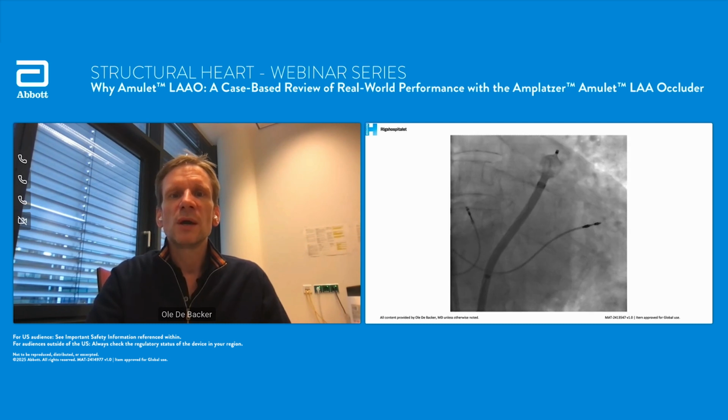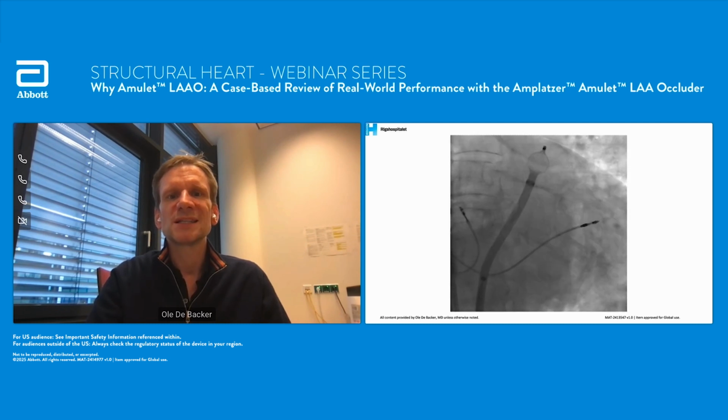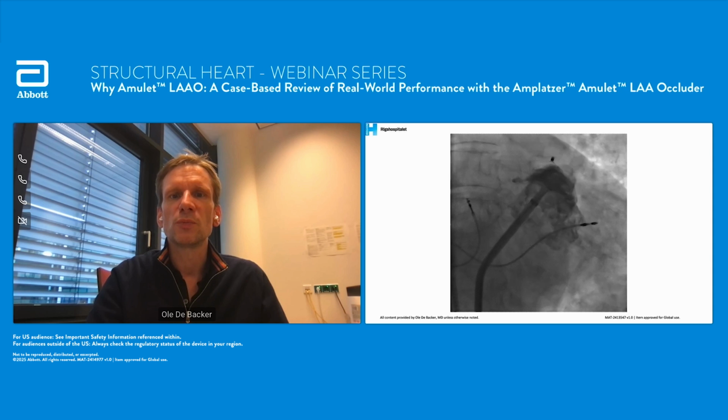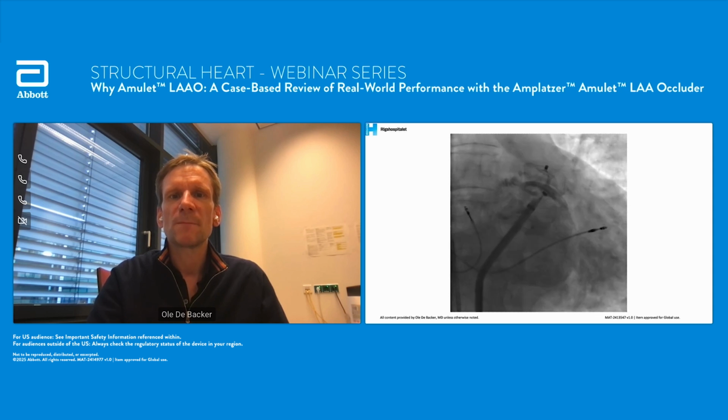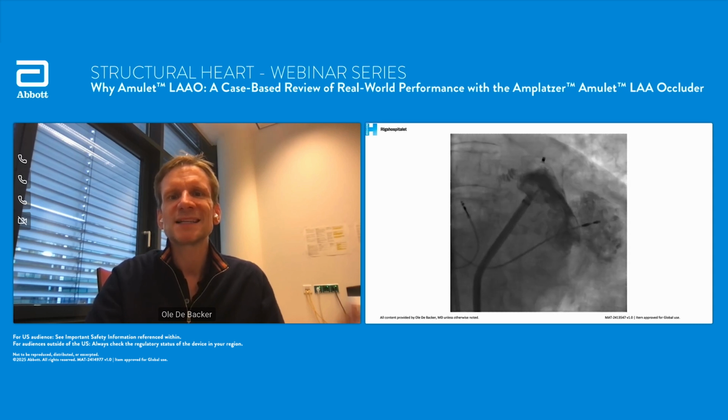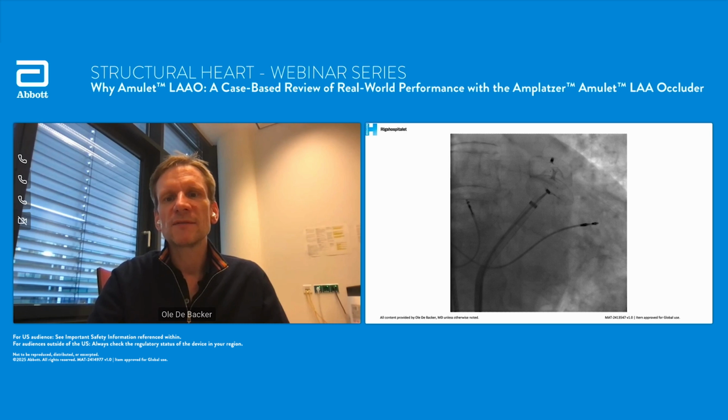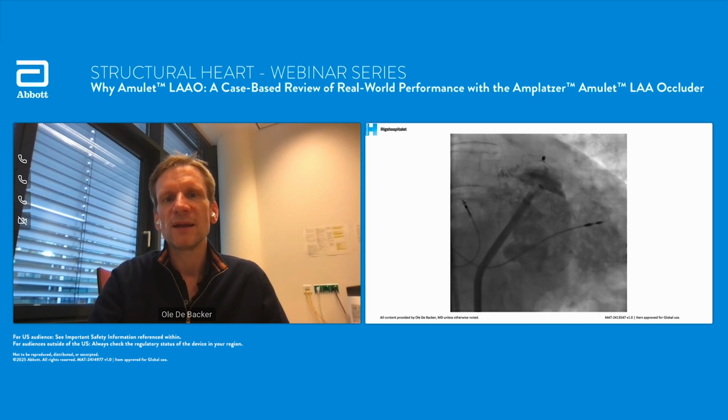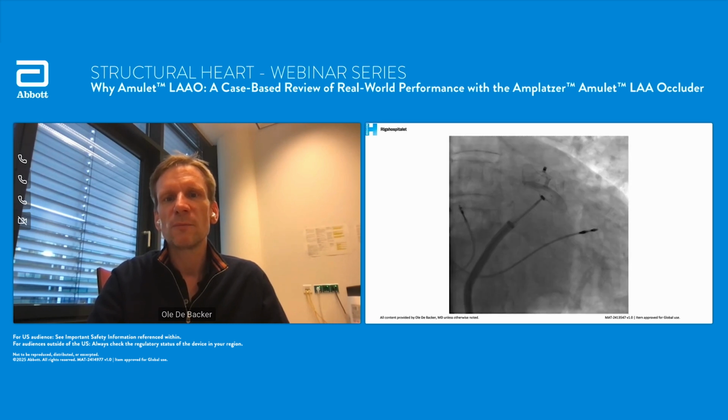What you can do with the Amulet, which is nice with this device, is use this kind of inverted chicken wing to stabilize your lobe. So here you see I have a partial sandwich, so that the lobe sits nicely partially into the wing and gives some stability to my device. And then I have the nice disc to really cover up the ostium completely.